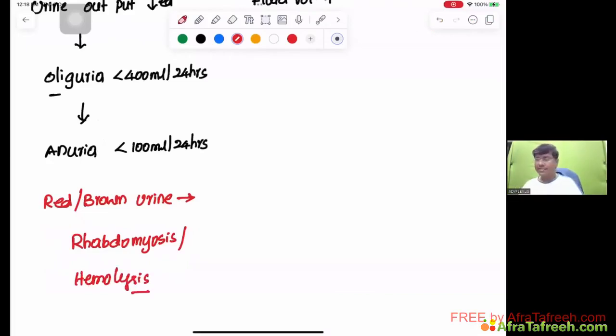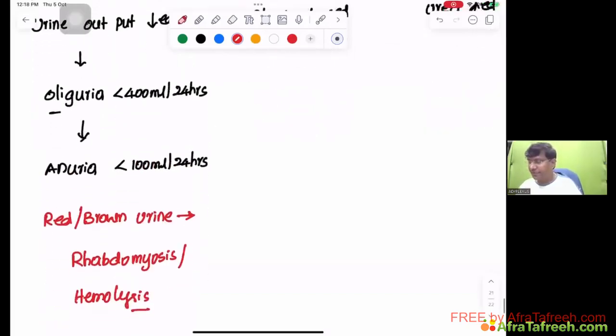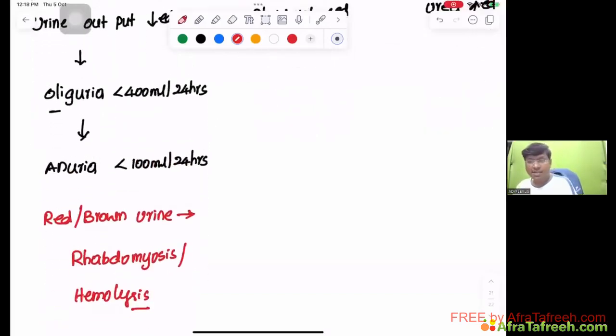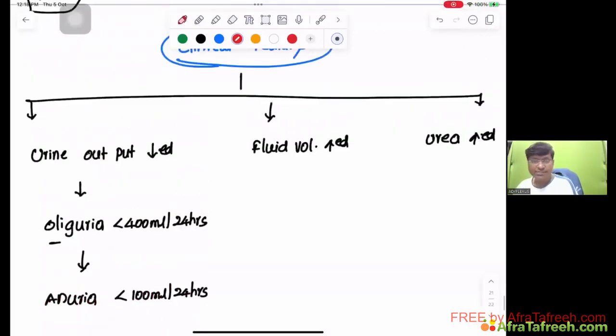So these are the conditions where you'll have red or brown urine. This is the abnormality related to the urine output as well as urine color in acute kidney injury.